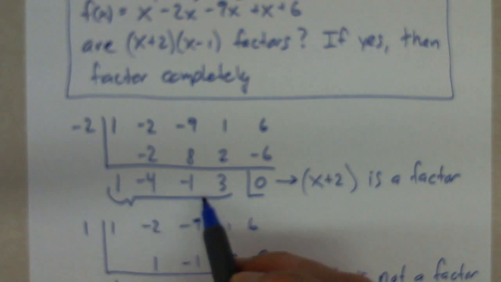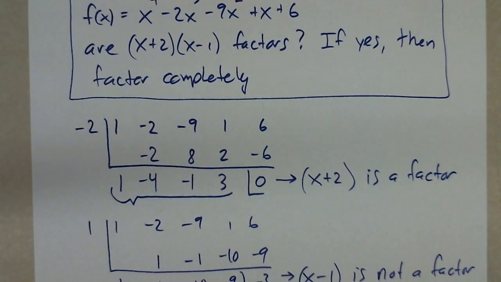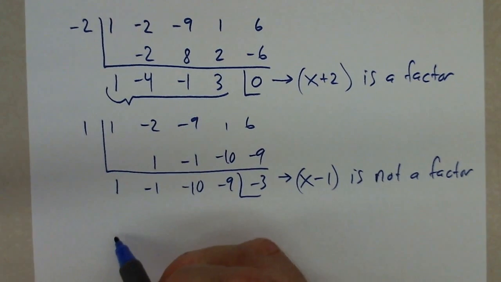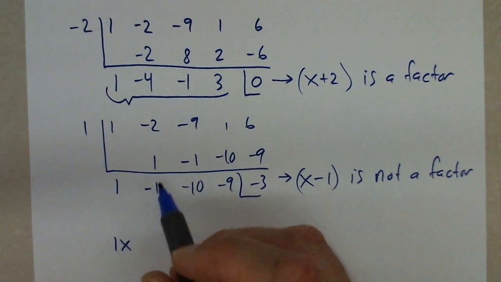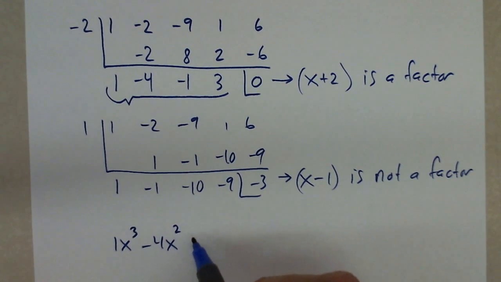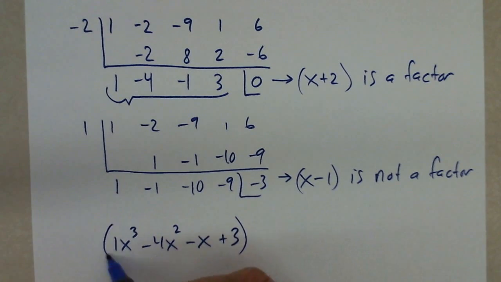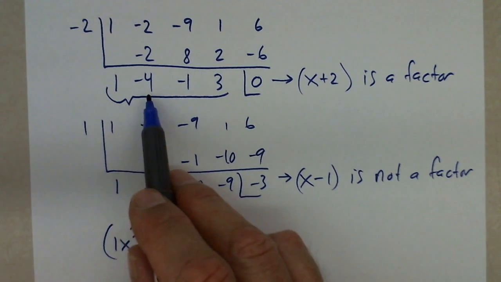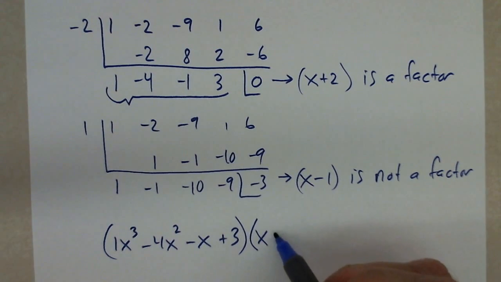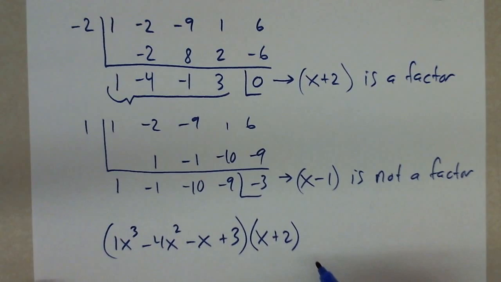So we're going to take this and make a polynomial. Those are the coefficients of the polynomial, and it's going to be 1x to the third minus 4x squared minus x plus 3, multiplied by x plus 2.